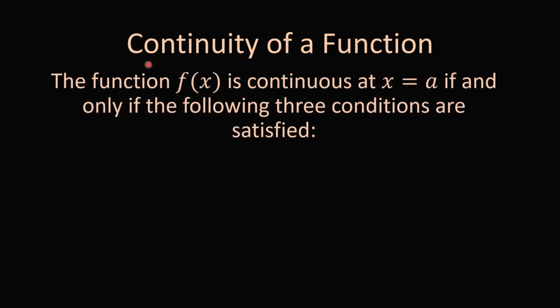Now, how can we determine if the function is continuous or discontinuous? The function f of x is continuous at x is equal to a if and only if the following three conditions are satisfied. The first condition: f of a exists.